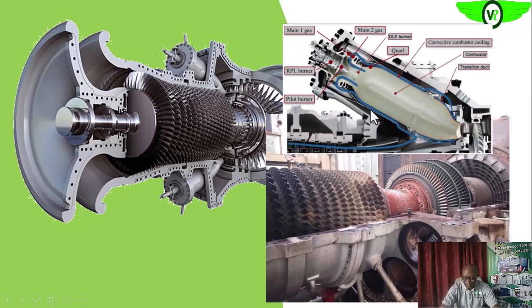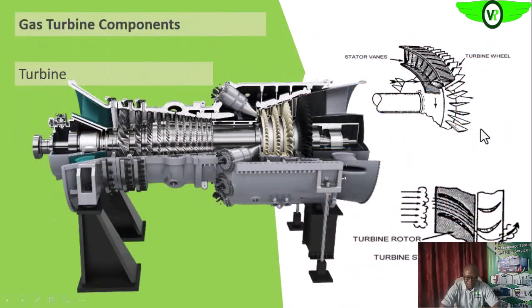So this is showing us what we have actually discussed before: primary air, secondary air, then the combustion product sent into your turbine section. So next we are going to be looking at the turbine itself.